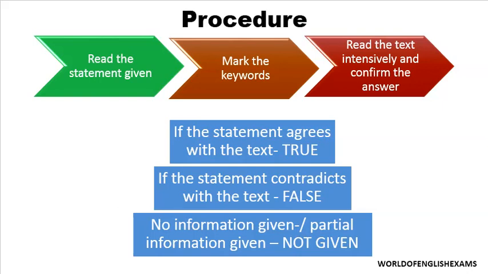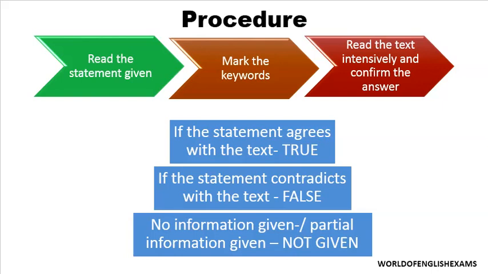The first thing you do is read the statement given very carefully. You are going to read whatever the statement is given, and please do not hurry and read all the statements, because usually for true, false, not given, what I have observed is the questions are given in such a way that the context is followed in a sequence, which means the answers for these questions are usually in a sequence.